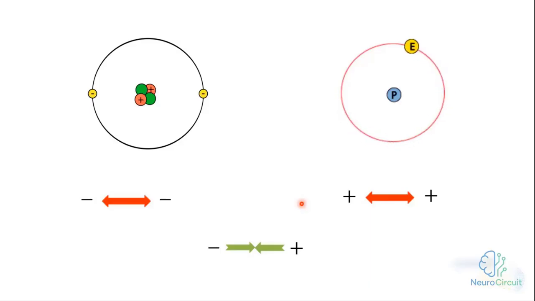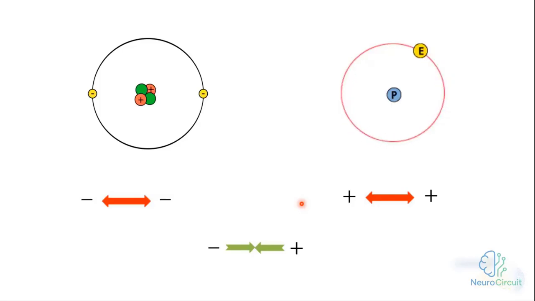So to sum it up for you, we consider the electron to have a negative charge and the proton to have a positive charge. Or we say that the electron has a negative electric charge and the proton has a positive electric charge, which are generally defined based on certain conventions. This is mainly for mathematical calculations, not because of any deeper physical reason.